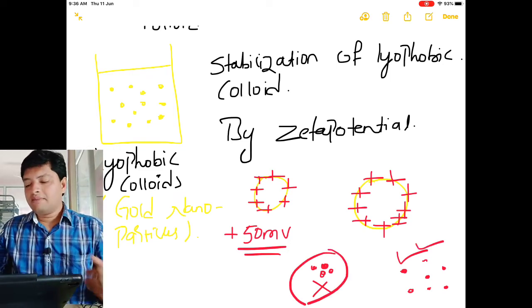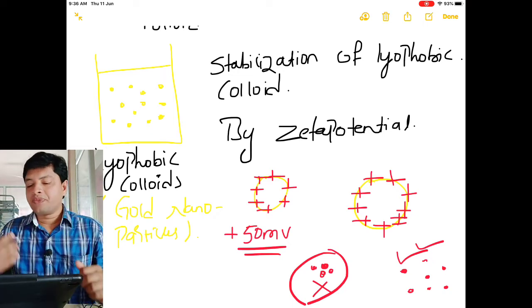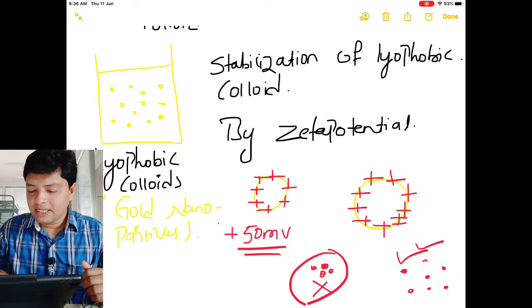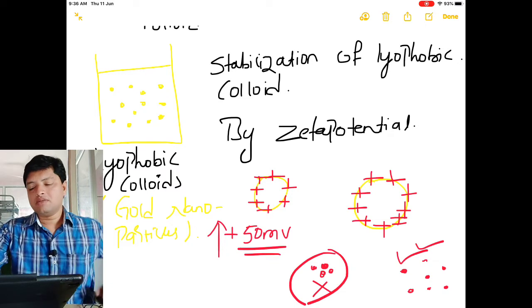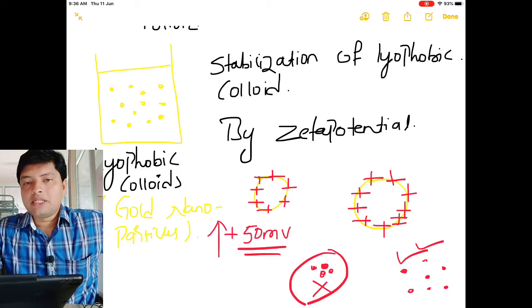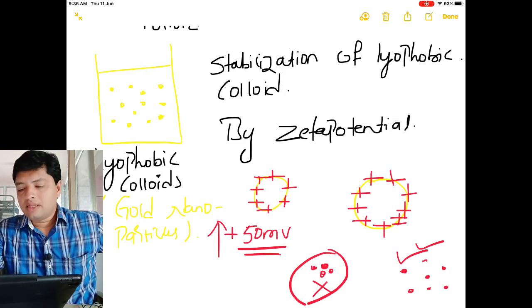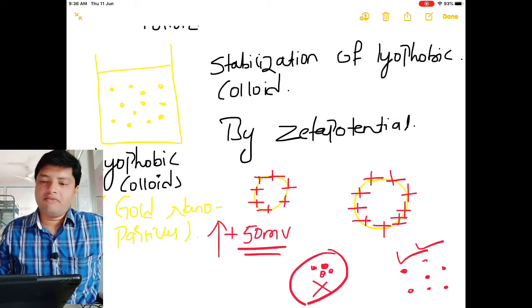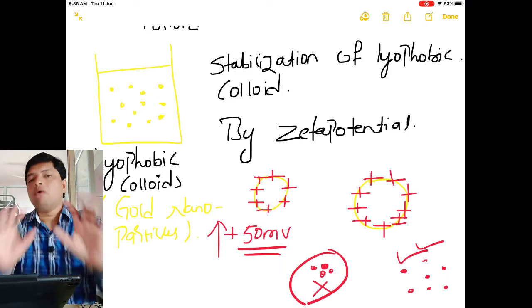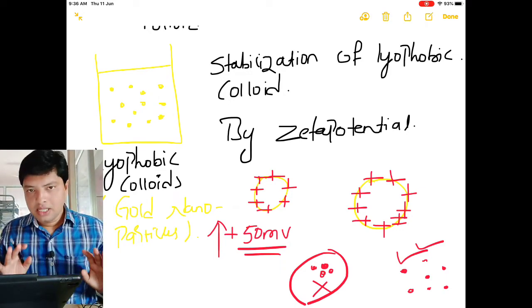To make them stay away from each other, I will increase their zeta potential. If the zeta potential is more, they will repel each other from a far distance. Hence, the stability of your lyophobic colloid. This is how lyophobic colloids are stabilized.